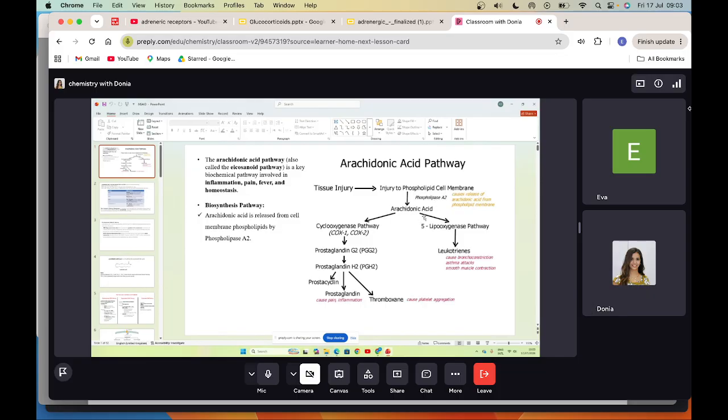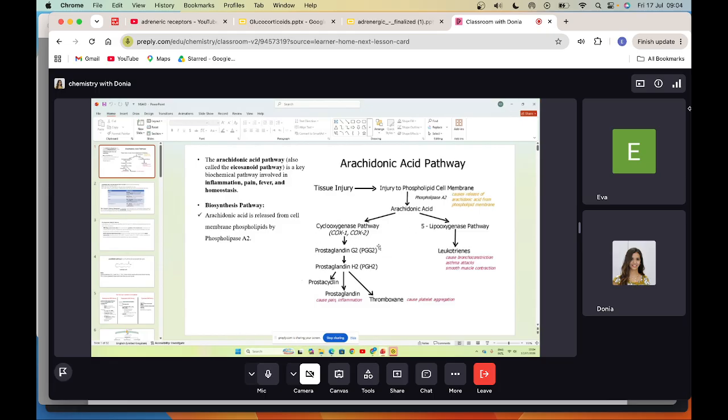And then we said we have three pathways or three enzymes which would act on the arachidonic acid. Two of them are well-known and the third is not well-known. The most well-known, which is the topic of the non-steroidal anti-inflammatory drugs, is the cyclooxygenase pathway, where COX-1 and COX-2 would act on arachidonic acid.